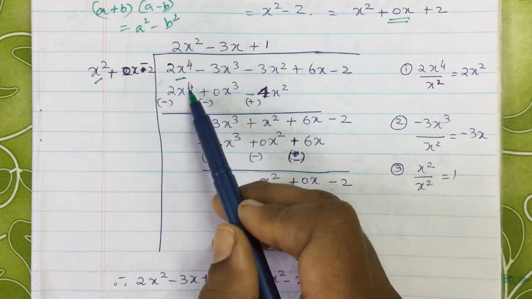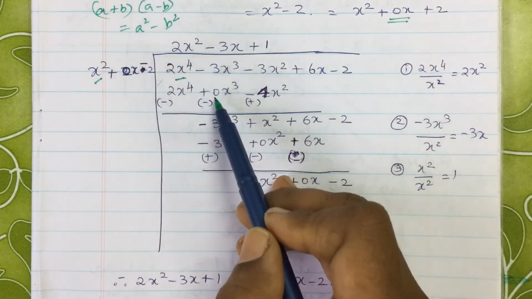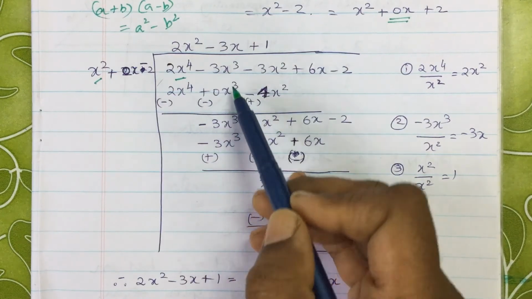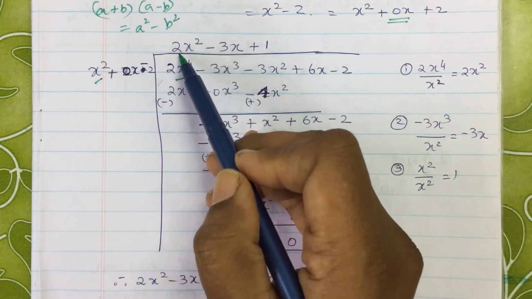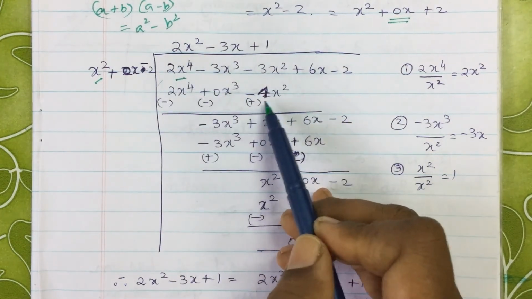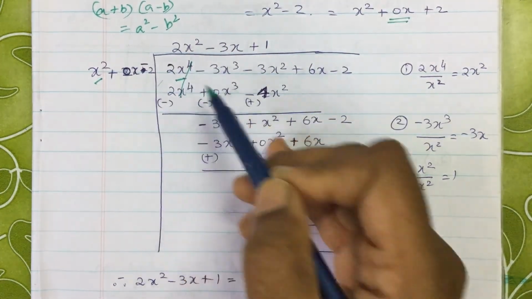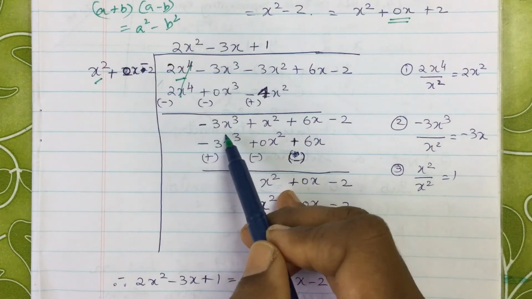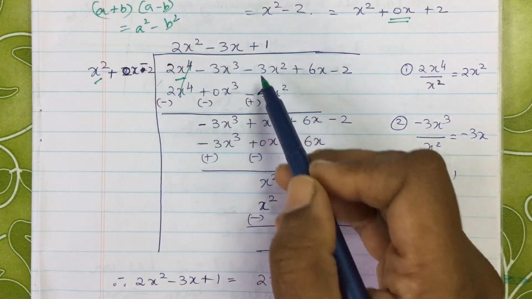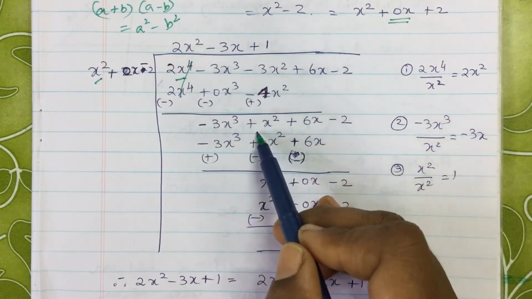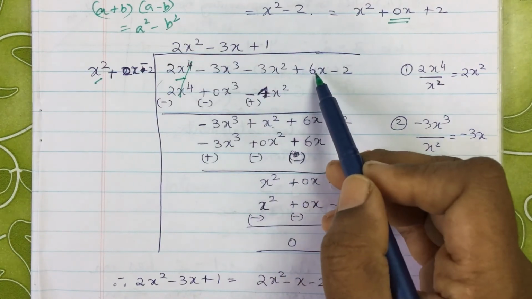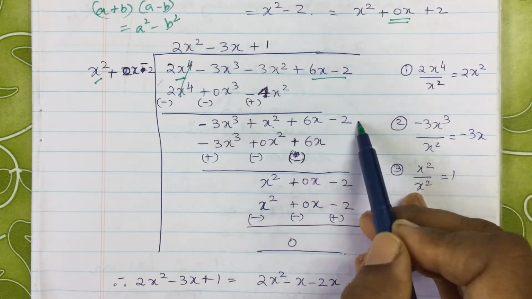You will get 2x to the power 4 plus 0x cube plus 2x square into minus 2 will get you minus 4x square. After cancelling these terms, I am getting minus 3x cube minus 3x square plus 4x square is plus x square, and then you bring down these two terms here.